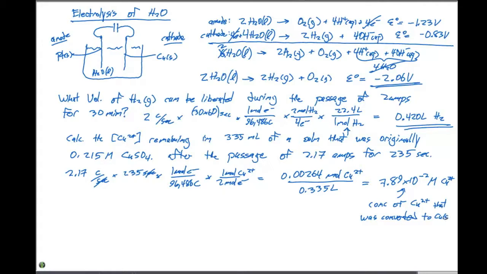Is that what this question is asking us? It's not asking us that. It's asking us, what's the copper 2+ solution remaining? So our copper 2+ solution that remains is going to be equal to our copper 2+ solution initially minus the copper 2+ solution that was deposited.